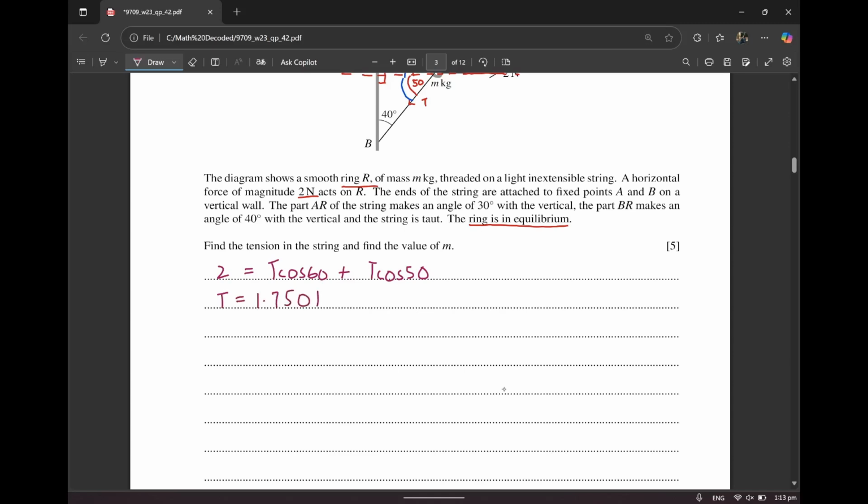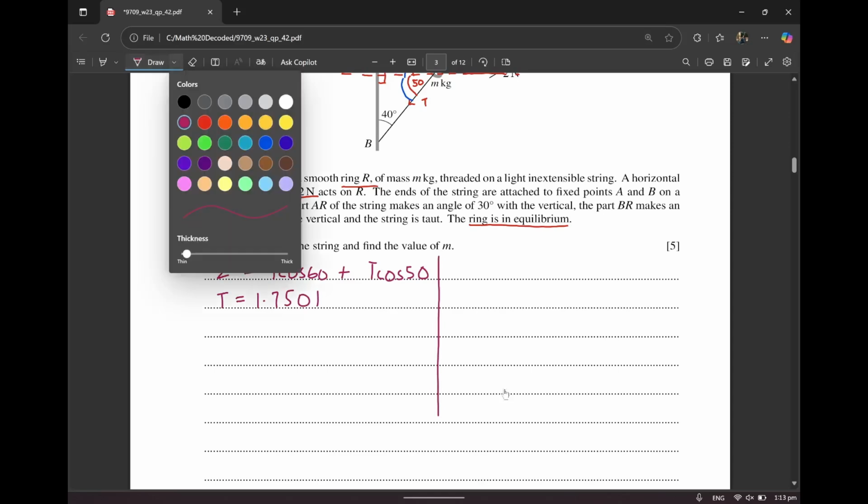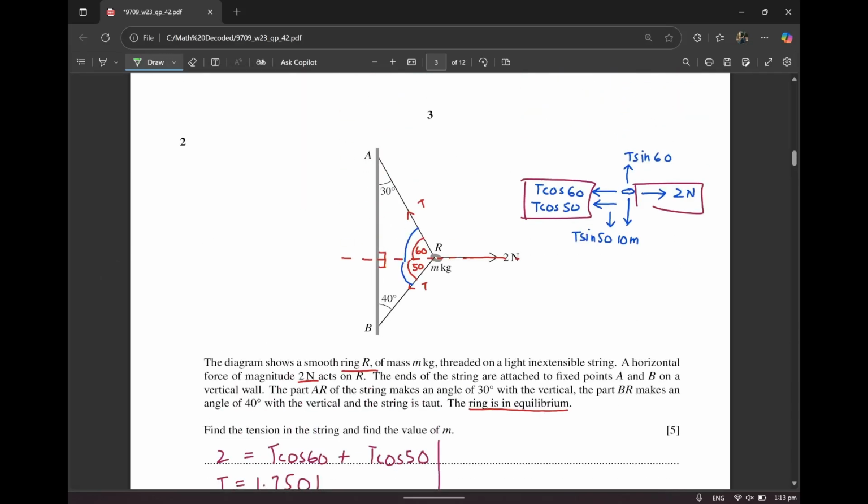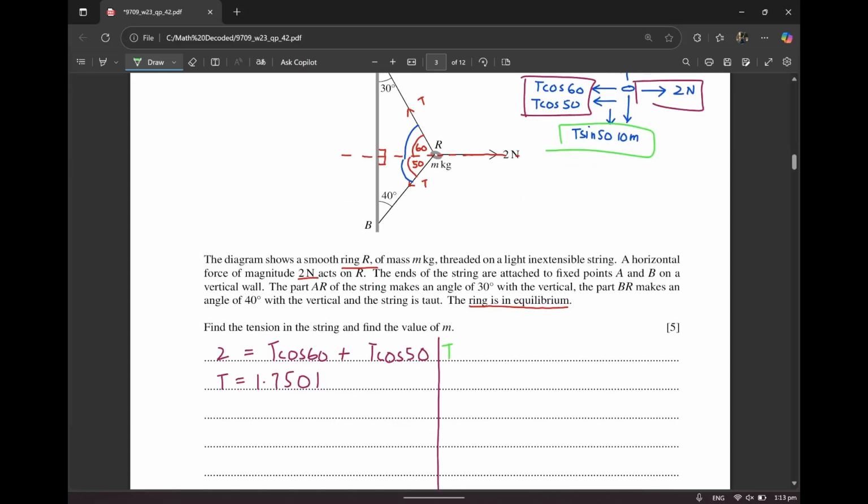Anyways, if I solve this out, it's going to give me T as 1.7501. All right, now I'll solve the vertical forces. This is going to be put equal to these two things. So T sine 60 is equal to T sine 50 plus 10m. I'm basically going to substitute the value of T over here.